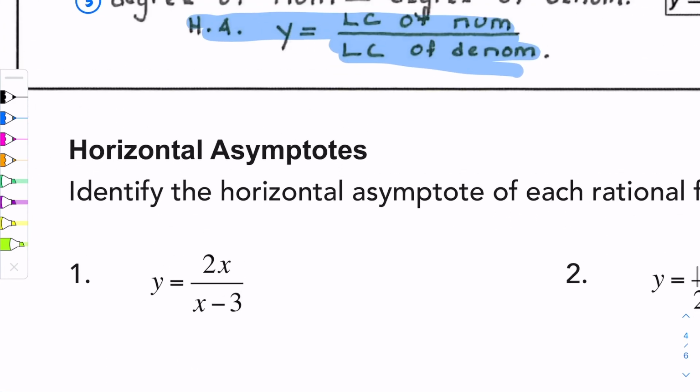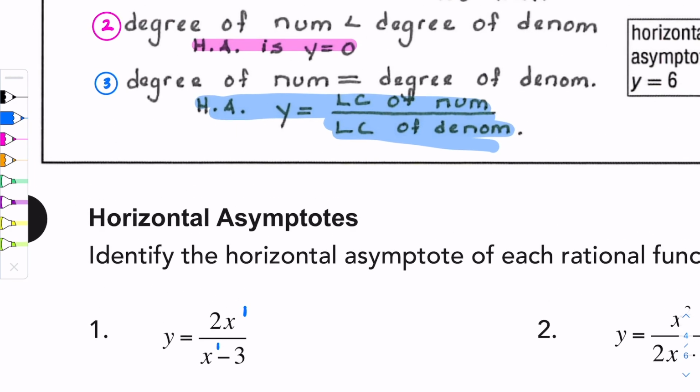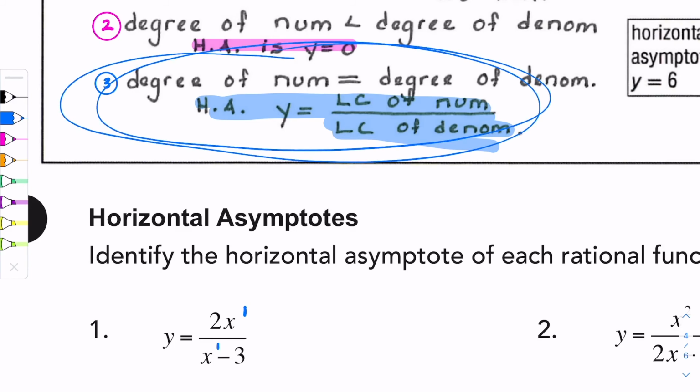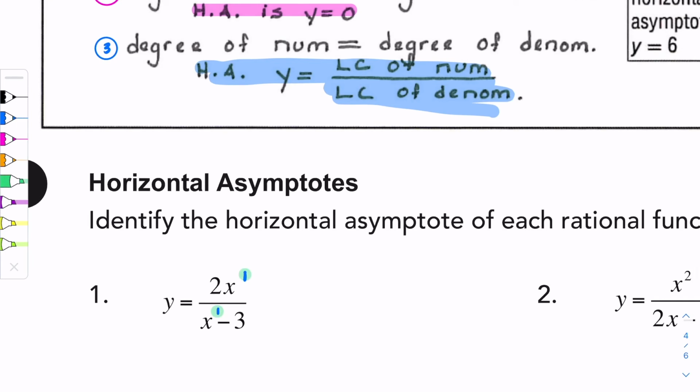If we look at number 1, y is equal to 2x over x minus 3. The degree of the numerator is x to the first power, degree of the denominator is x to the first power. So this actually matches number 3 up above. The degree of the numerator is equal to the degree of the denominator. That means we set up a fraction, leading coefficient over leading coefficient.